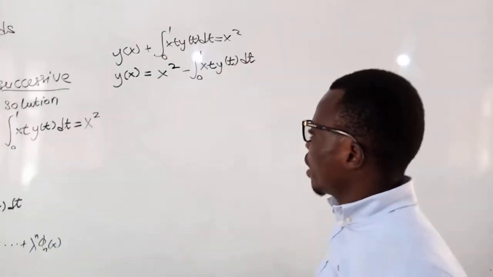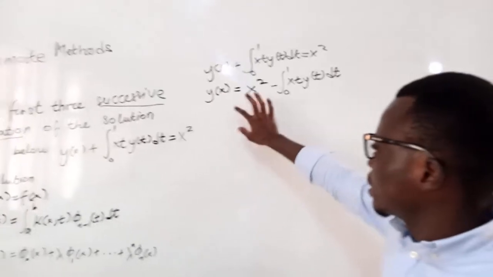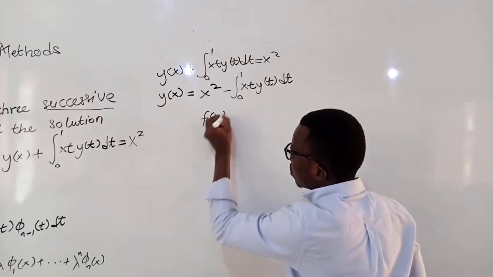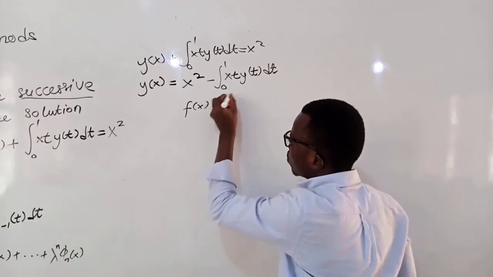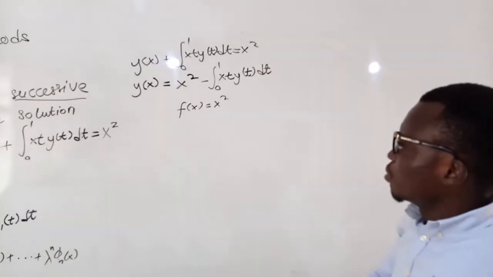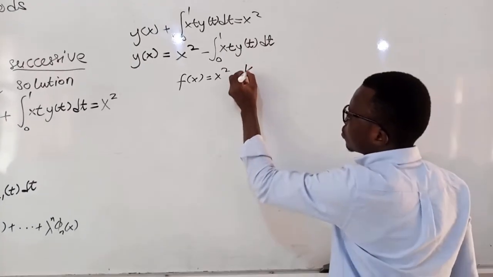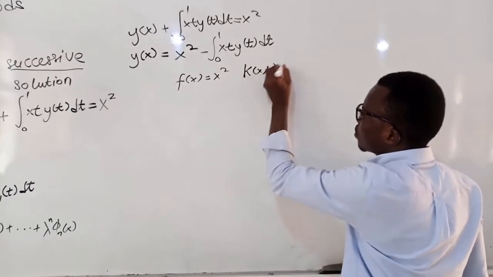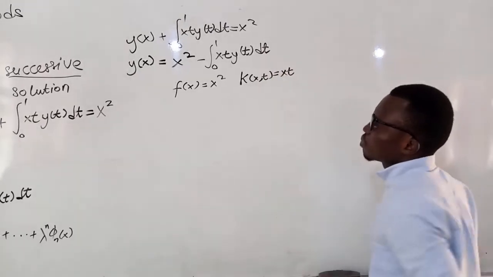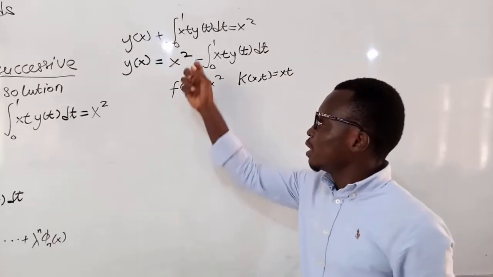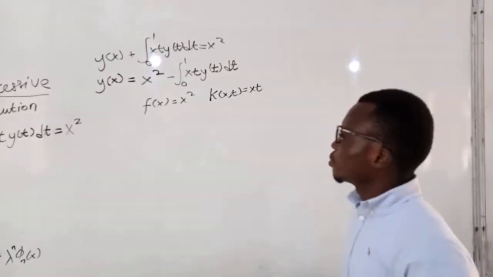Now we need to identify our free term. You can see that our free term f of s is equal to s squared. Now our kernel k of st is s times t. Now the parameter, which is the lambda, is minus 1.